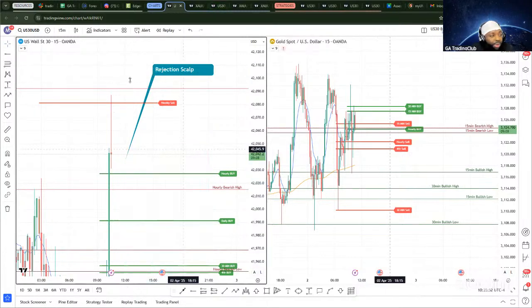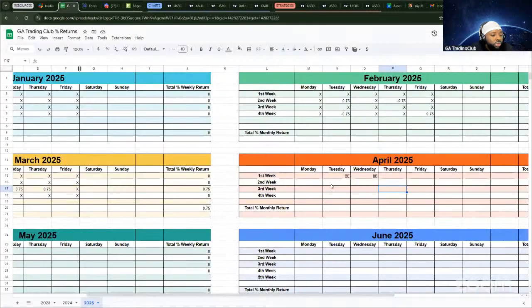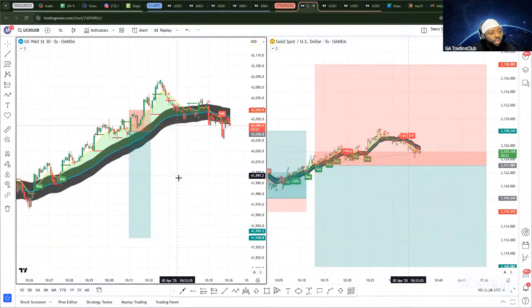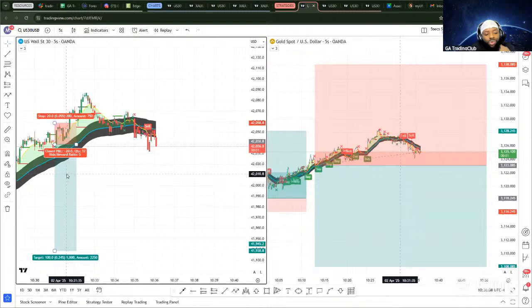So anyway, that's my bad. But it's still an official trade. So for today, it should be minus 0.75 for that particular trade, but I should be able to get it back up even when we do hit that 1:5.